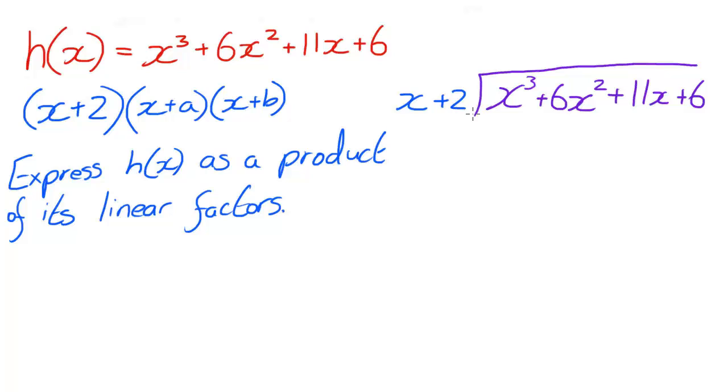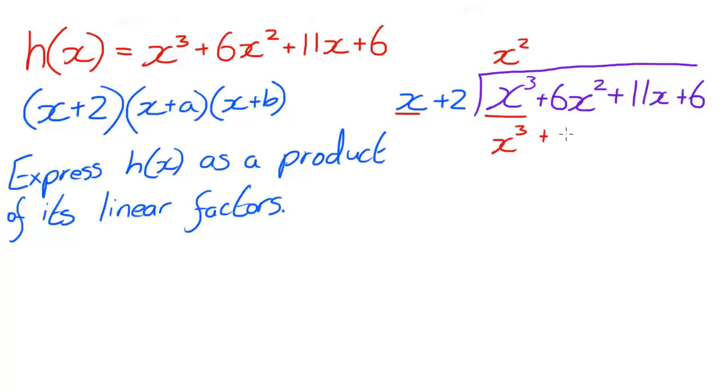We look at the leftmost term, so x there and x cubed there. What do we have to times x by to get to x cubed? We have to times it by x squared. So x squared times x is going to be x cubed. So let's write that in there, x cubed. And then what do we get if we times x squared by plus 2?